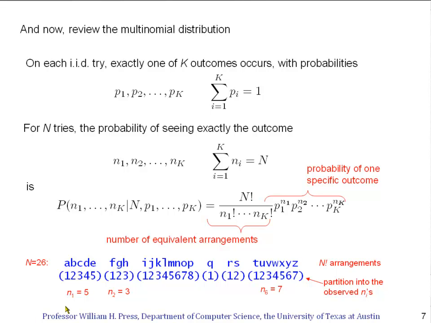But not all of those are distinguishable, because any permutation of these 5 events is indistinguishable, therefore divide by n1 factorial. Any permutation of these 3 events is indistinguishable, therefore divide by n2 factorial, and so on. That's all we need to know about the hypergeometric and multinomial distributions, and we'll use them in succeeding segments.